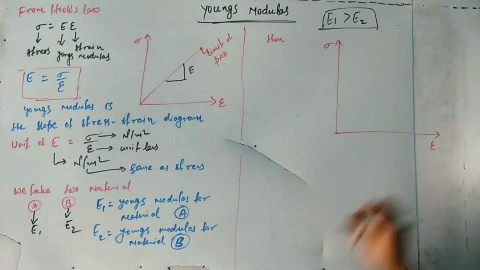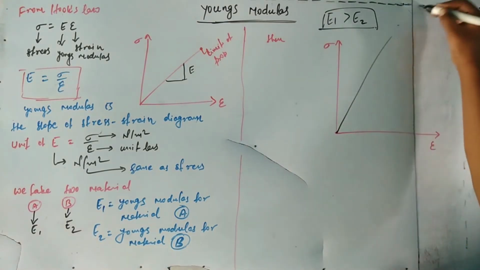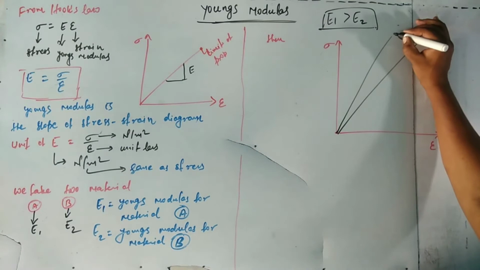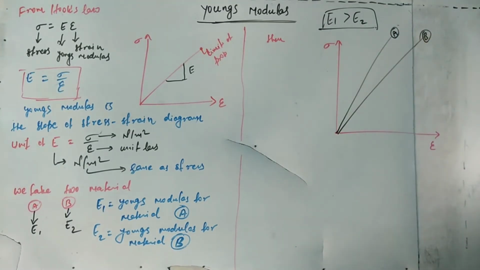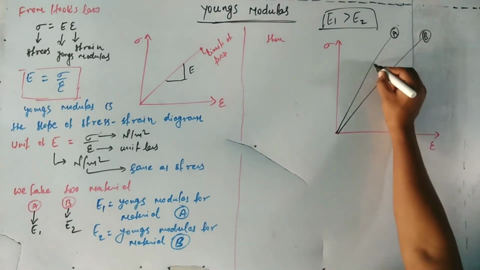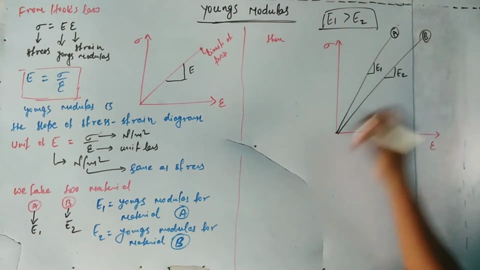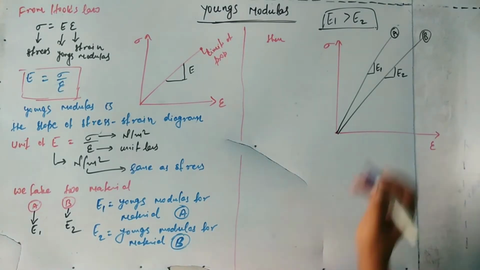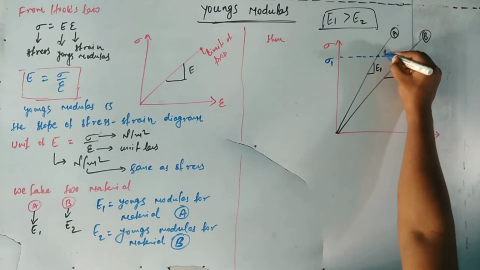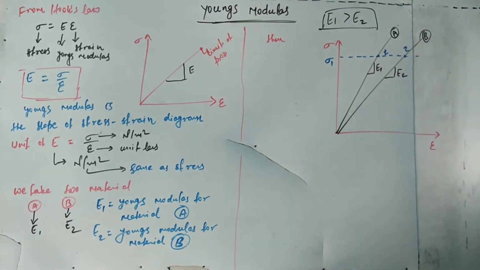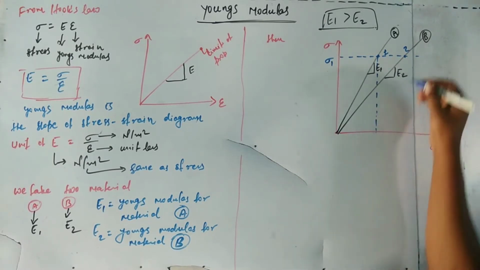Now we draw a stress strain diagram with two lines for material A and material B. Here E1 is greater than E2. We take a point, a stress, and draw a line projected to epsilon.